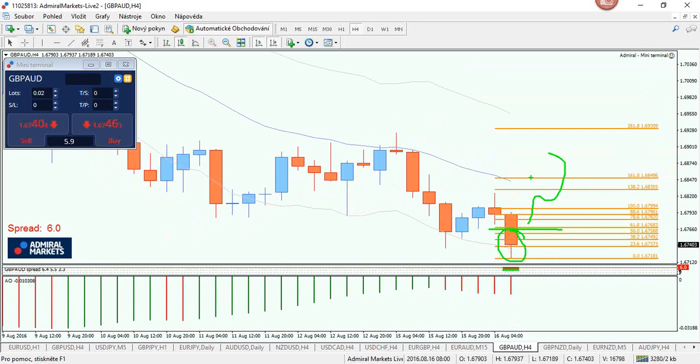Let me take a look at the hourly. Let me put the fib on this downside.